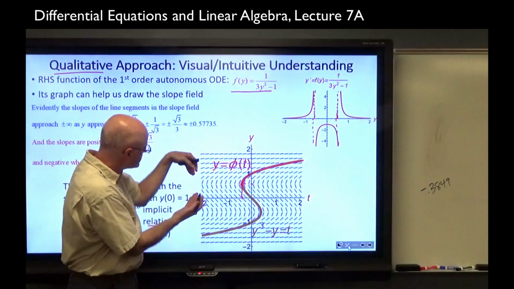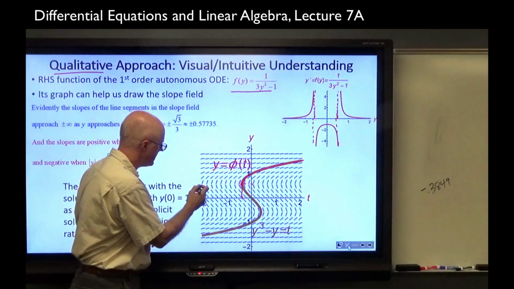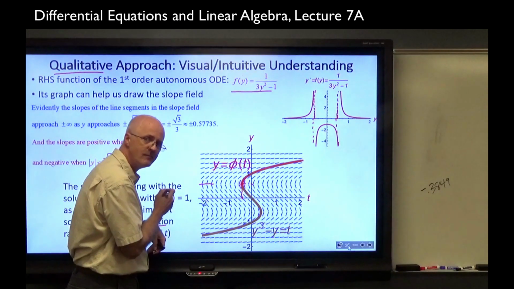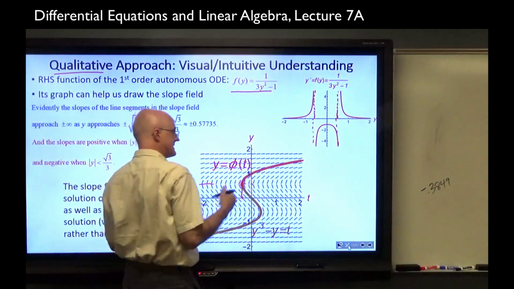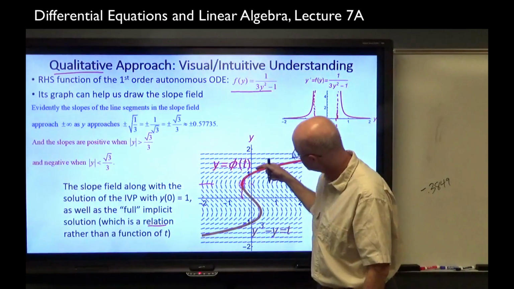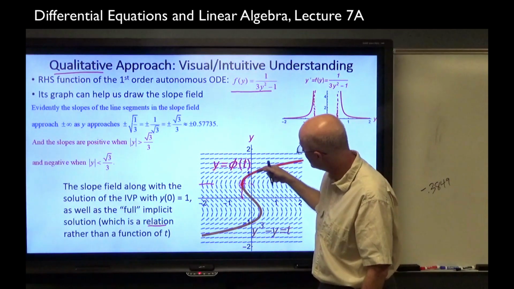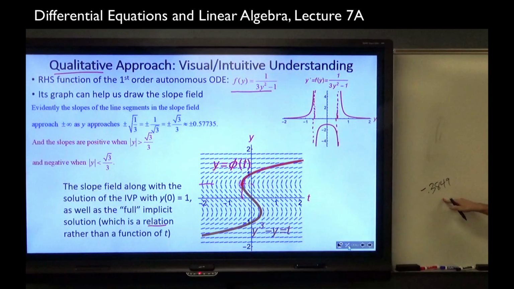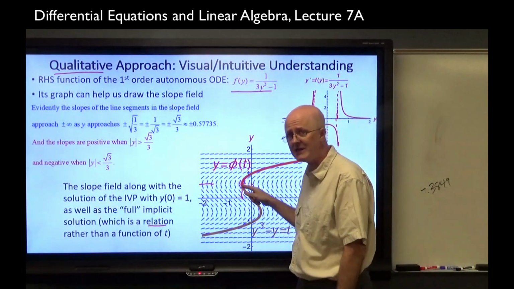And yeah, look at those slopes in the slope field. They're getting close to vertical near this line. No vertical lines are drawn, but they're getting close. And this solution, evidently, has a slope that approaches infinity as t approaches this number from the right. I guess you would say actually this solution fails to be differentiable at this number.